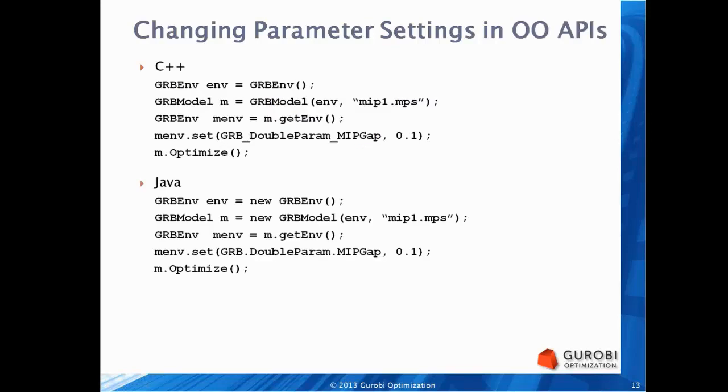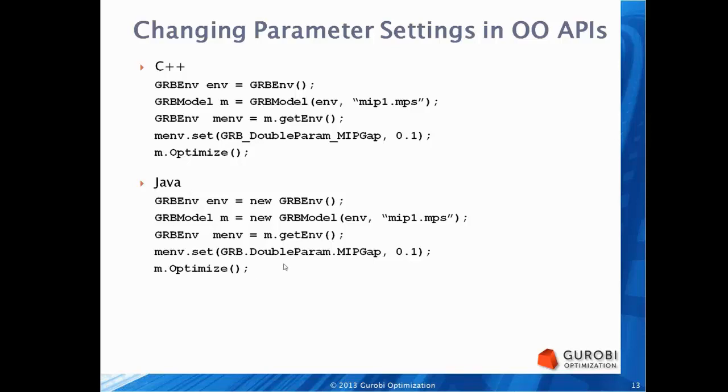And if you change the parameter settings in an object-oriented API, for example C++, it's similar. You first create a global environment, then you create a model, then get the model environment, and then use the model environment to change the parameter. We got a lot of support calls. People are confused. They use the global environment after the model is created, then they don't see the change take effect.